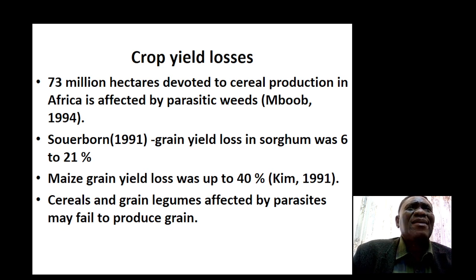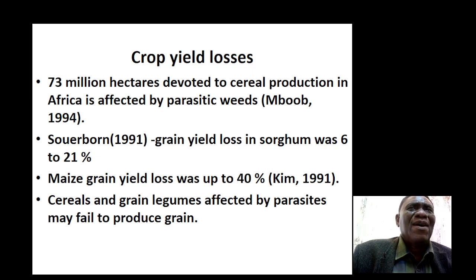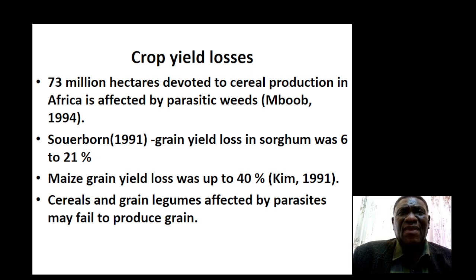Sobon in 1991 indicated that the grain yield loss in sorghum ranged from 6 to 21%. Kim had maize yield losses which were up to 40%. But it is also known that cereals and legumes affected by parasites may fail to produce grain.